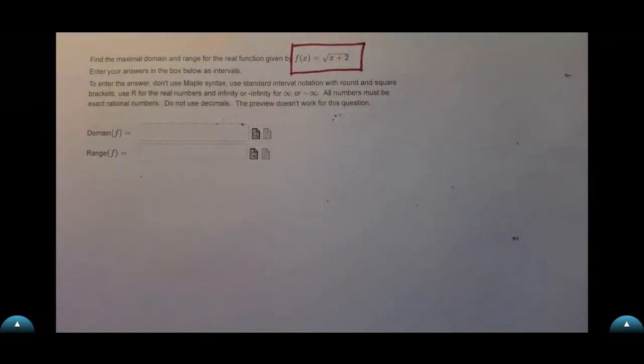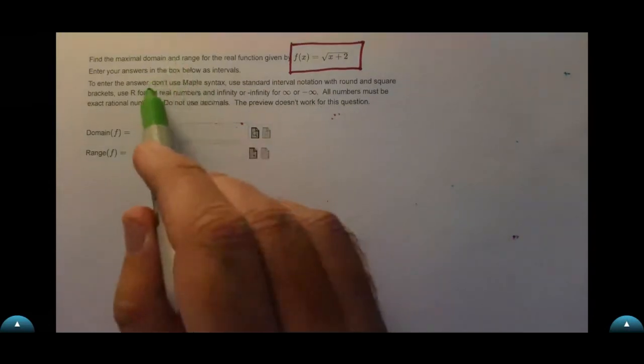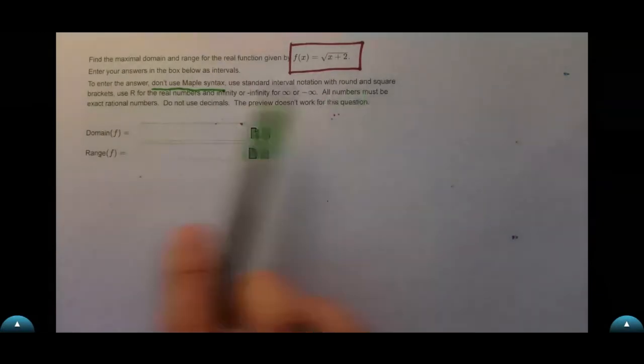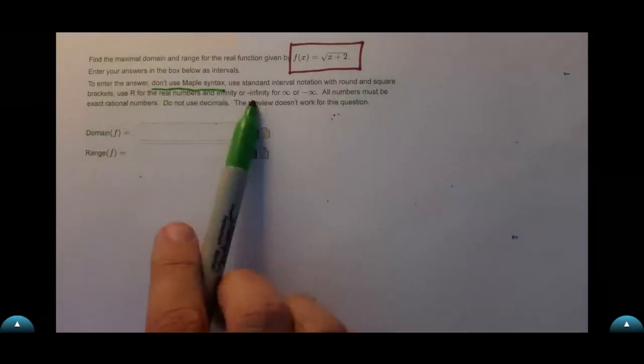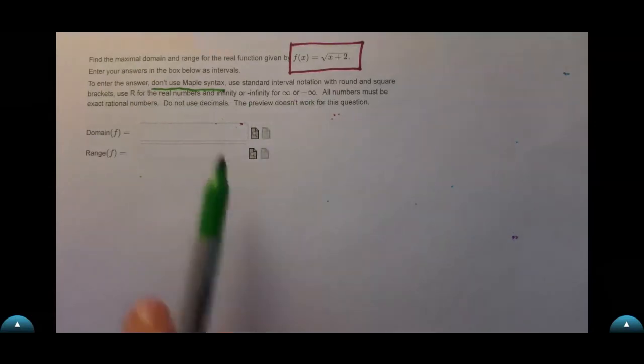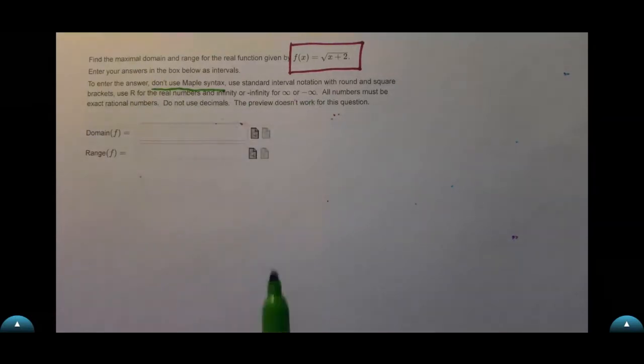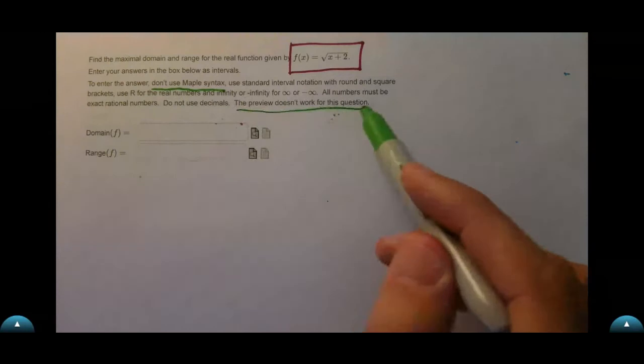You can draw this if you want to on your calculators or whatever. Probably the most important thing here is when you input it, they're asking you not to use Maple syntax. They want you to use round and square brackets, or R for the whole real line, infinity, negative infinity for these things. Okay, do not use decimals. The preview will not work for this question.